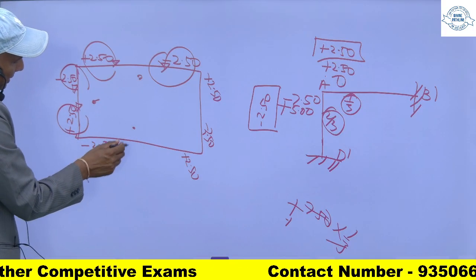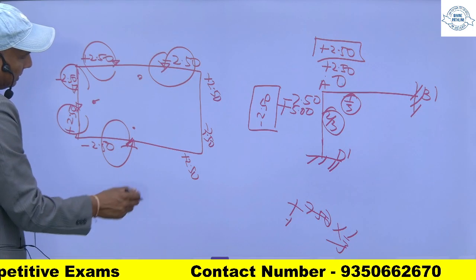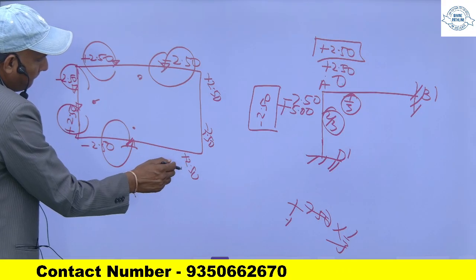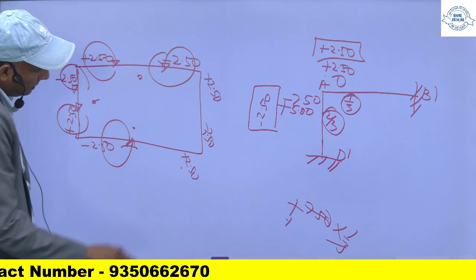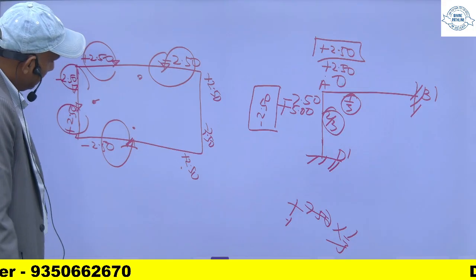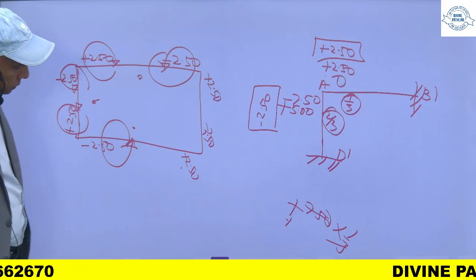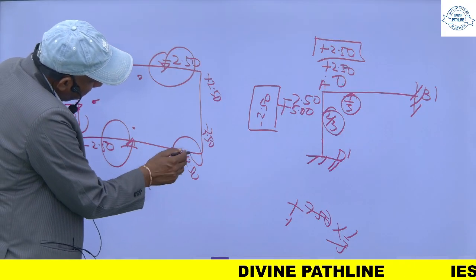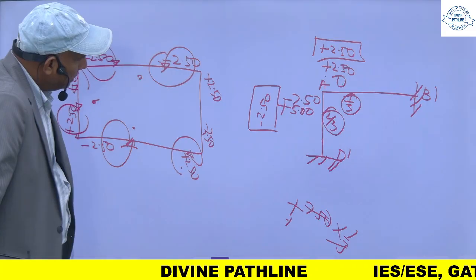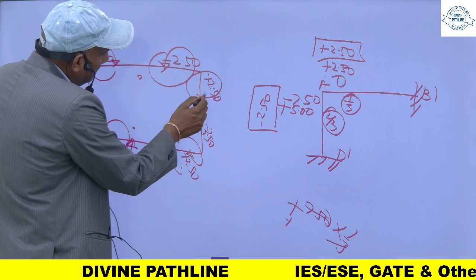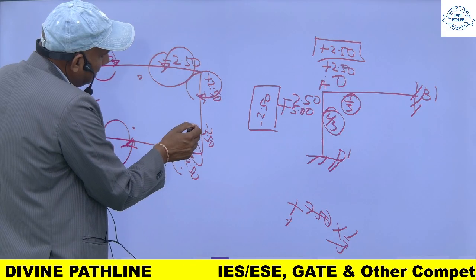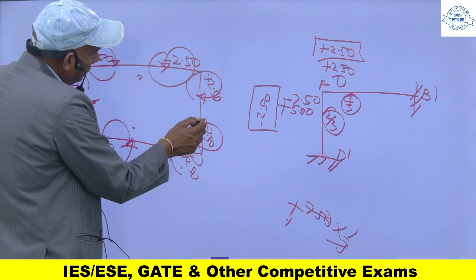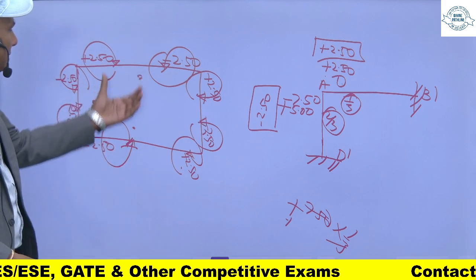So this anti-clockwise means, and this clockwise means, and this is like this, so the direction of the arrow is inside.